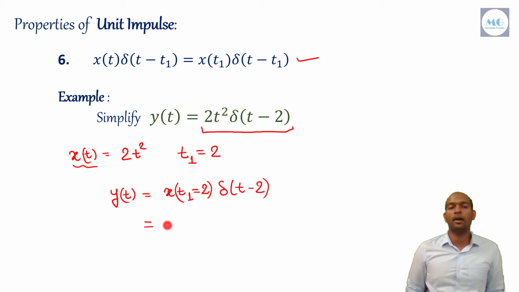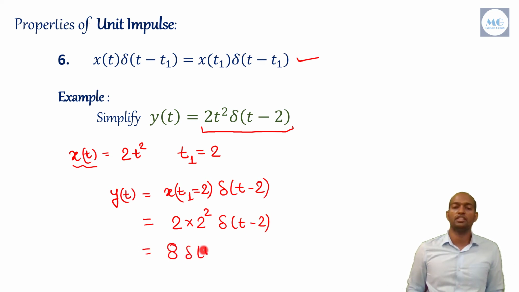So it will become 2 into, in place of t I will write 2, then it will become 2 into 2² δ(t-2), that is equal to 8δ(t-2). This is our answer.